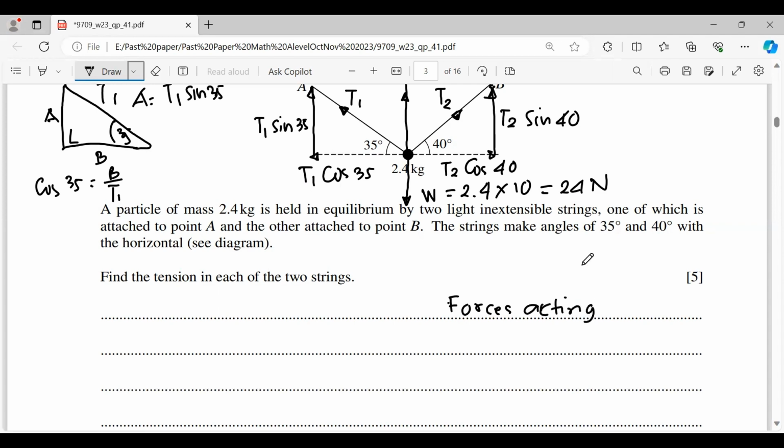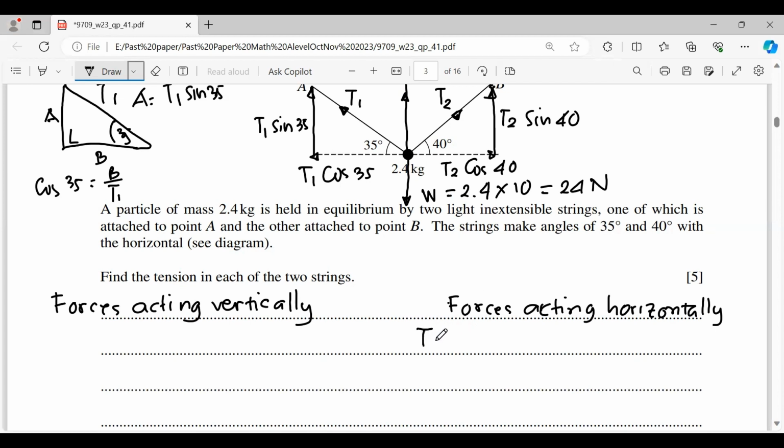All forces acting horizontally are T1 cosine 35 and T2 cosine 40.